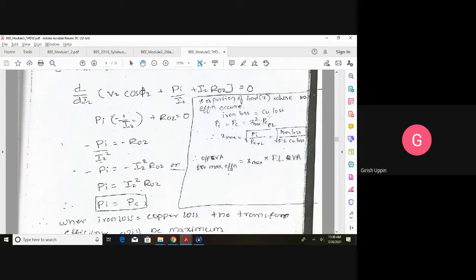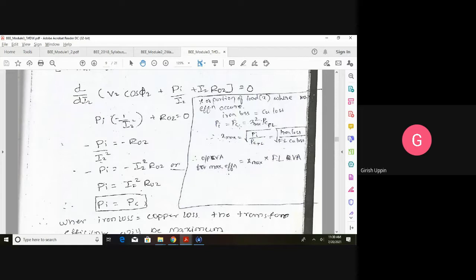Iron loss is equal to copper loss. That is Pi is equal to Pc. What is Pc? Pc is I2 square into R02. That I2 can be represented as X into full load current, so the copper loss is X square into full load copper loss.